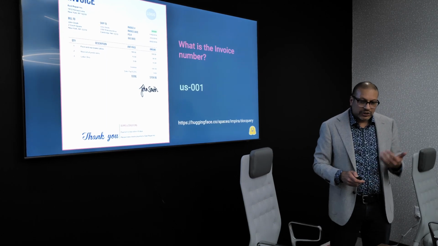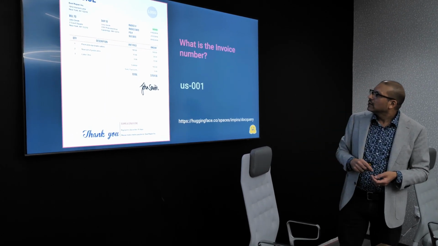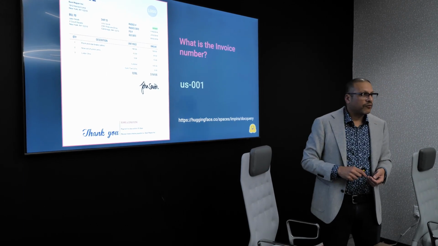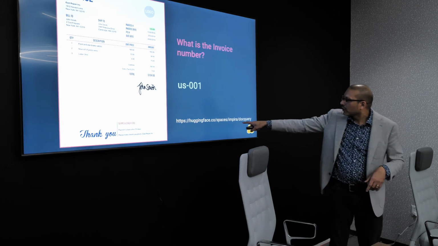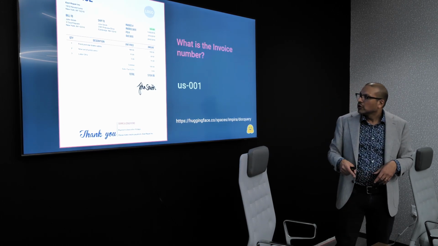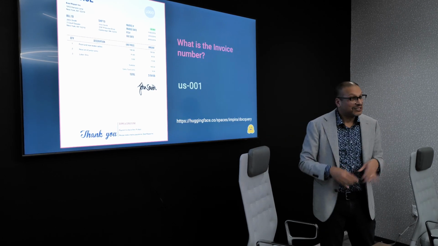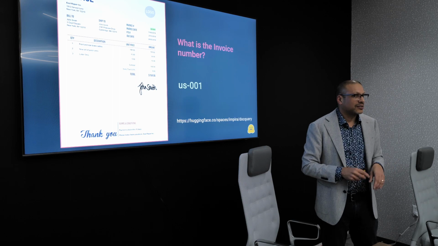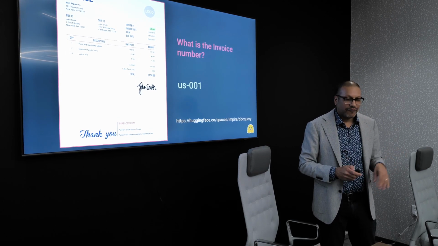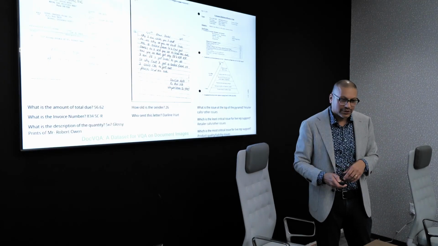Given the image and the question, it can figure out what the invoice number is. I even played around with it the other day in one of these spaces, and we asked, who signed this? And it actually came up with John Smith. I had no idea, but it figured out that John Smith was the person who signed this invoice.